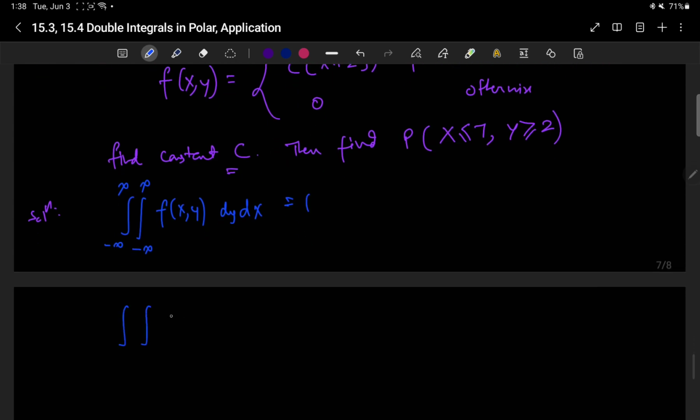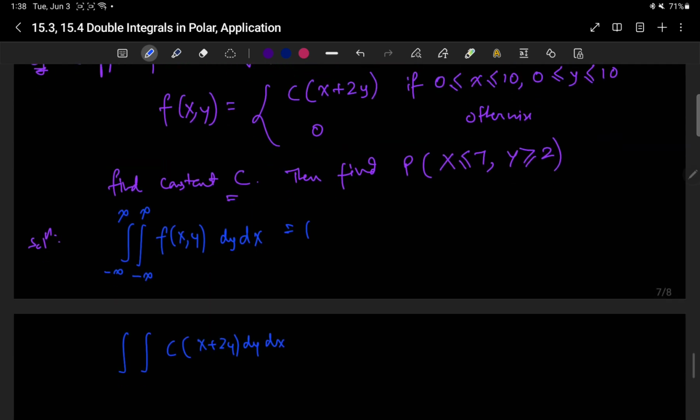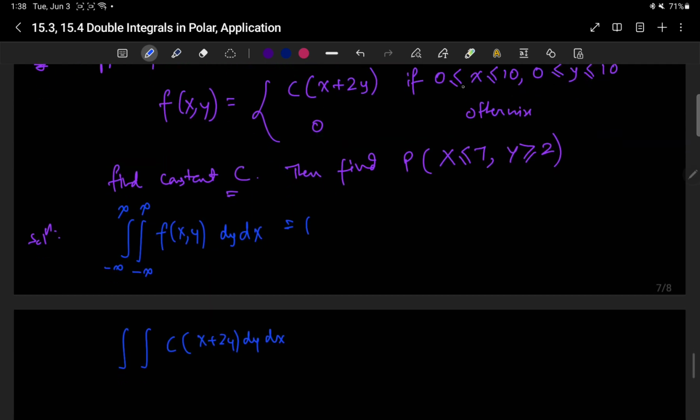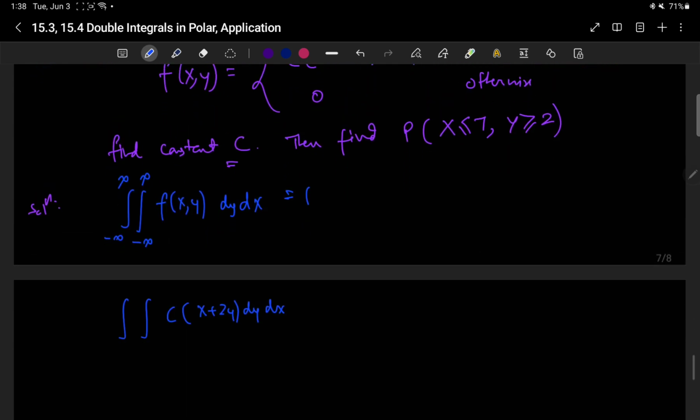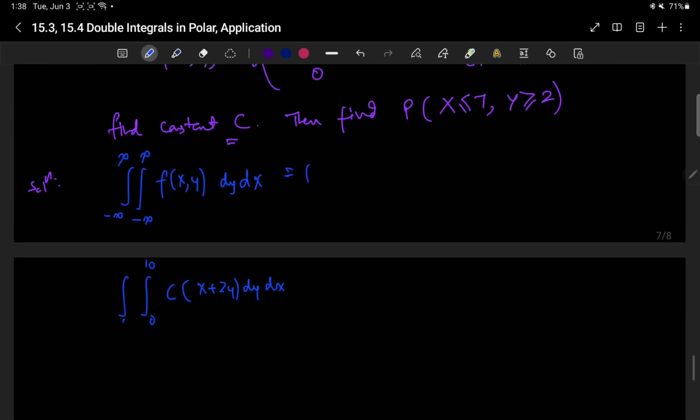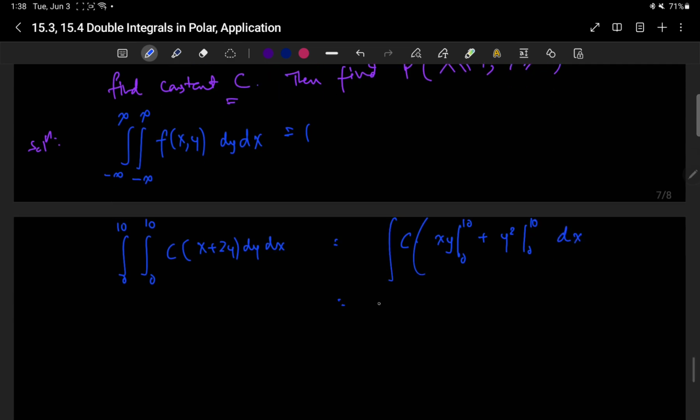So if I find the integral of c times x plus 2y dy dx, it is 0 everywhere else. It's only non-zero between 0 and 10 and 0 and 10. So this actually becomes 0 to 10 and 0 to 10. Now this is pretty straightforward. You have c times xy plus y squared, y from 0 to 10. So bring the c out, and then another 0 to 10 for x.